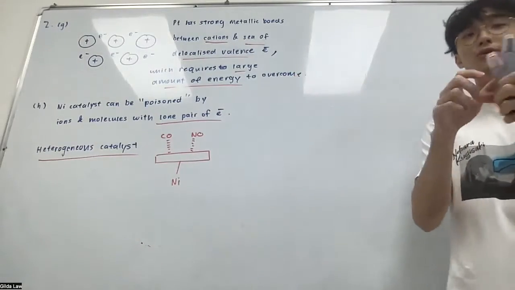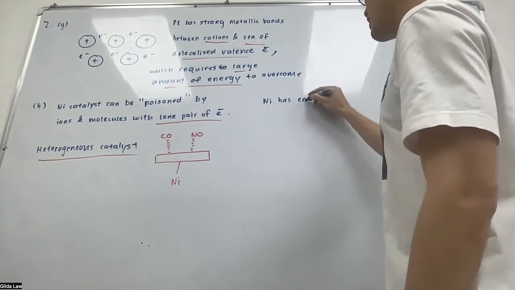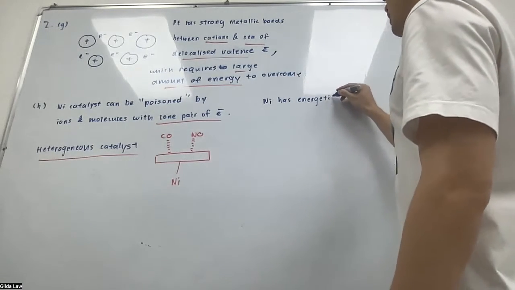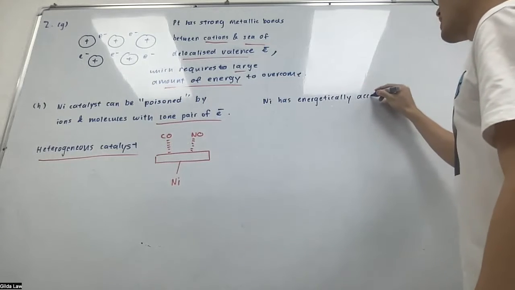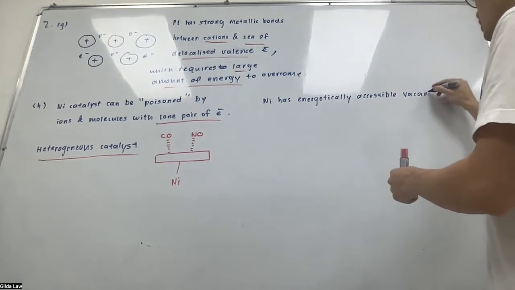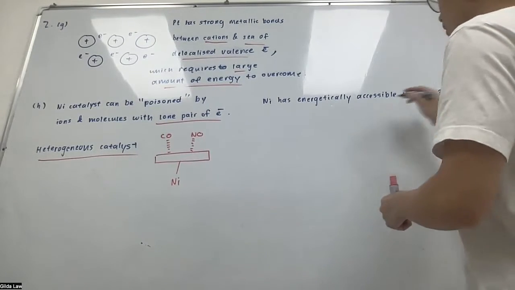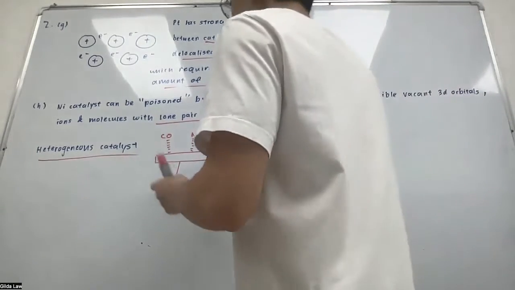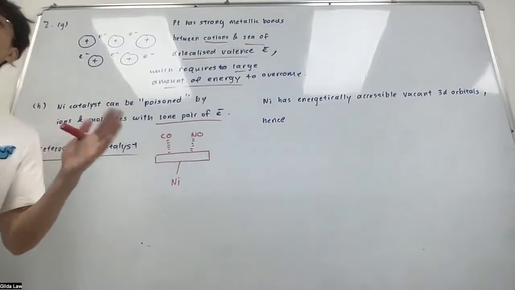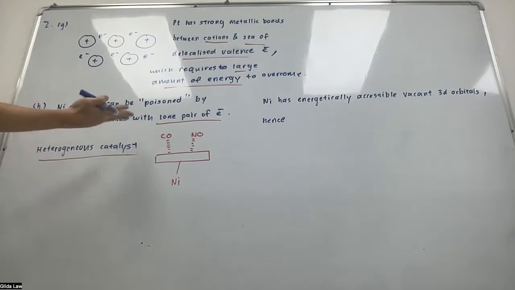But we can't just say it expands its octet. What's the phrase we need to say? Nickel has energetically accessible vacant 3d orbitals. If it has these orbitals, it can accept lone pairs from the other unwanted ions or molecules.